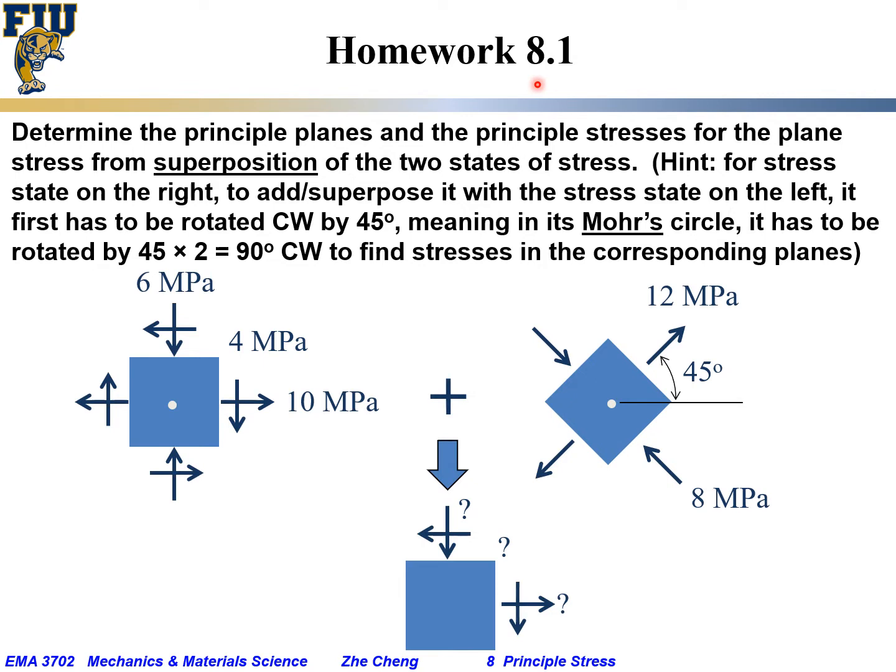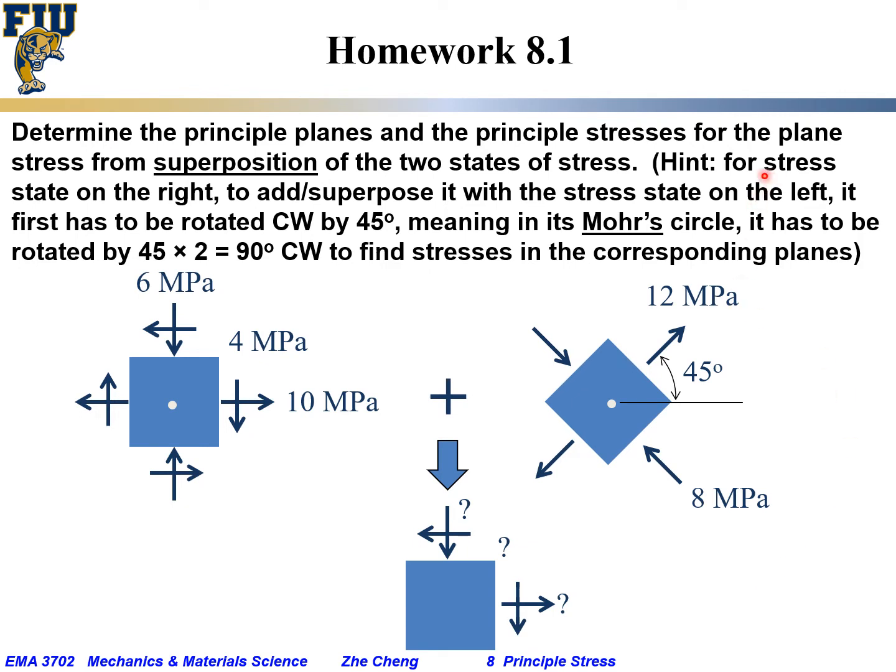8.1 We want you to determine the principal planes and the principal stresses for the plane stress from superposition, or simple addition, of two states of stress. So you have two states of plane stress, one on the left, one on the right.